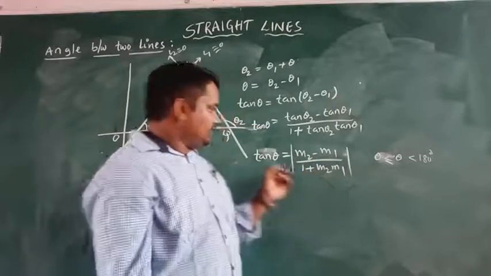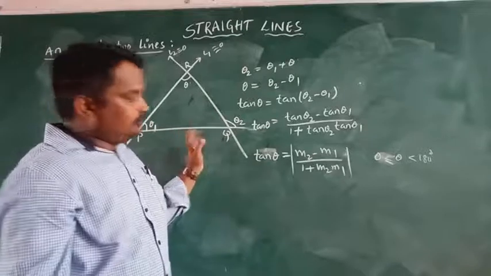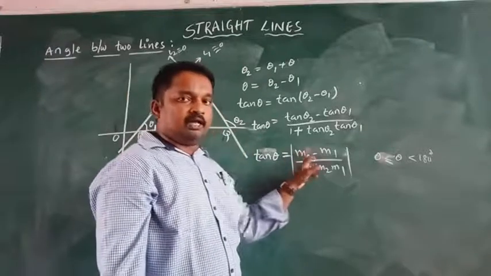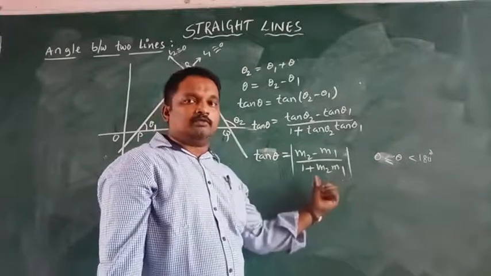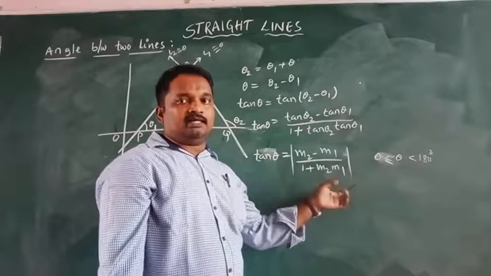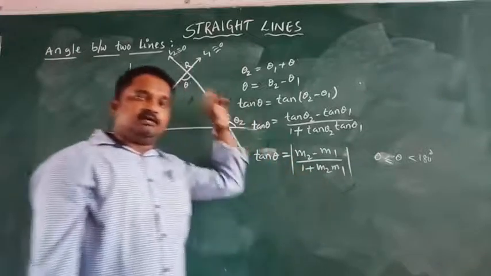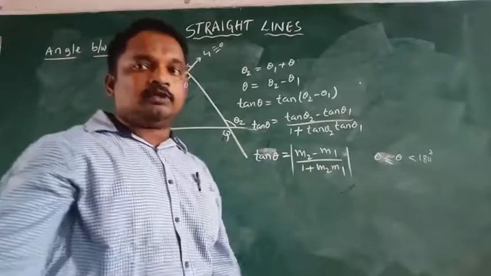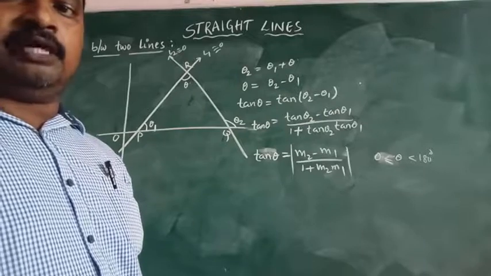So this is the angle between two lines. We use the formula m2 minus m1 by 1 plus m2 m1, or m1 m2, where m1 is the slope of the first line and m2 is the slope of the second line.